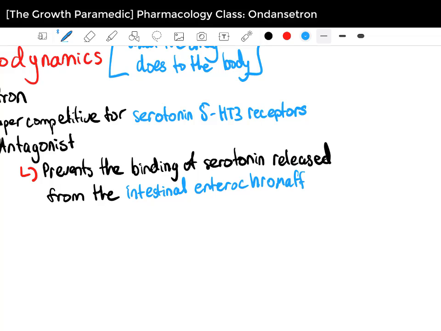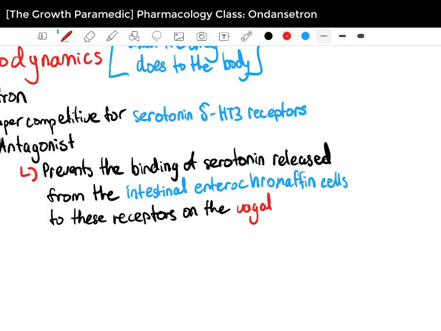Chromatin cells to these receptors on the vagal, and you need to know these areas. So vagal afferent nerves. Sorry if I'm speaking a bit slower. It's just harder to speak and write at the same time.